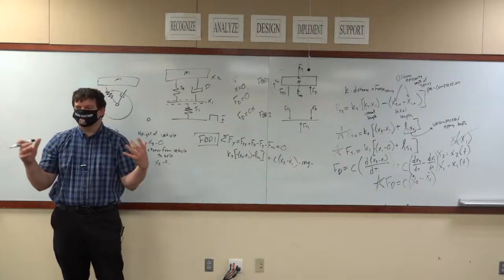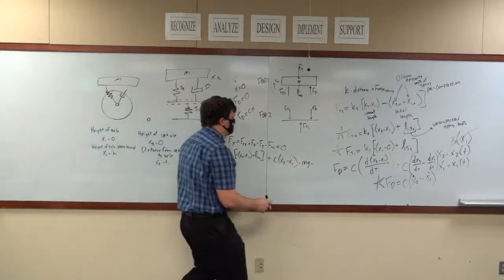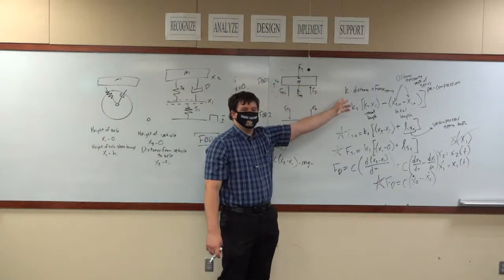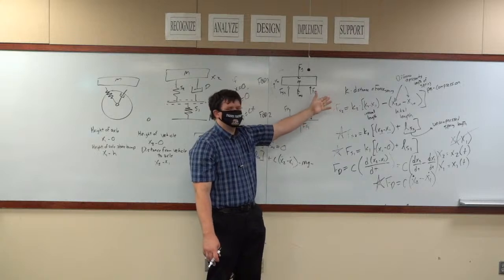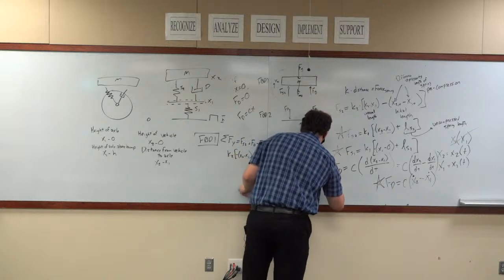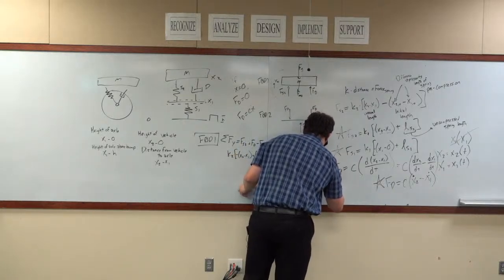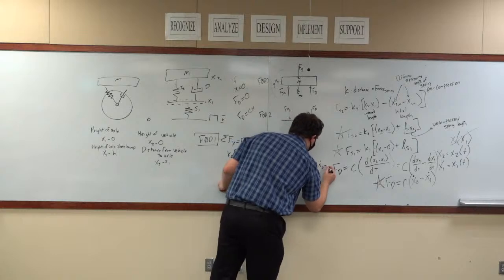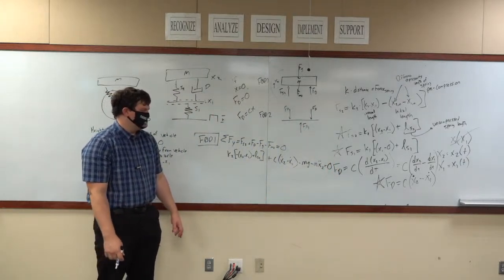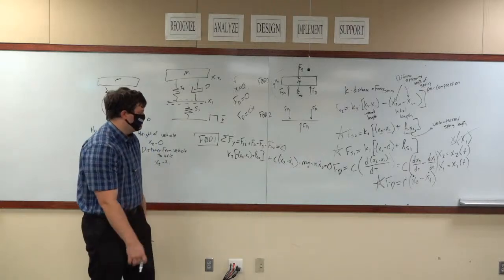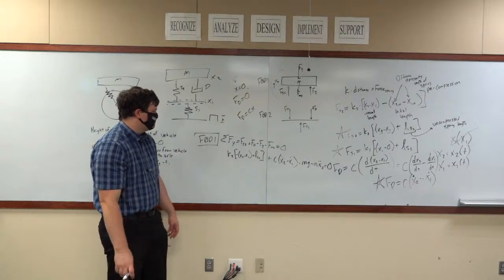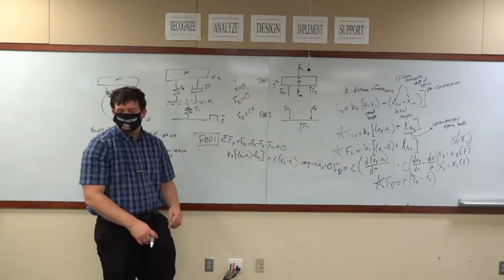FMA was written as mass times acceleration. Here the position of the mass is x2, so the velocity of this is x2 dot, and the acceleration of this is x2 double dot. So it's m x2 double dot, and this is equal to 0. So that's ugly. We can clean this up, but we're not going to because we've got to keep moving in class.